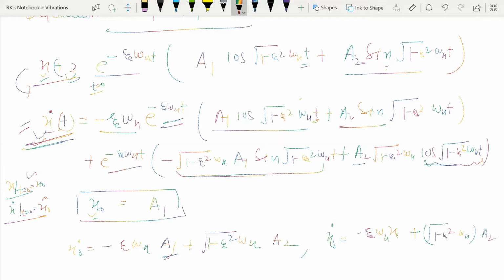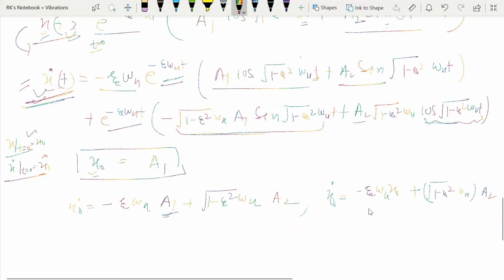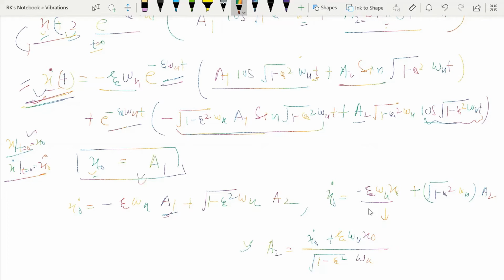So from here we can find the value of A2. A2 equals x naught dot plus ζωn x naught, divided by √(1−ζ²) ωn. So this is the value of A2, and this is the value of A1.